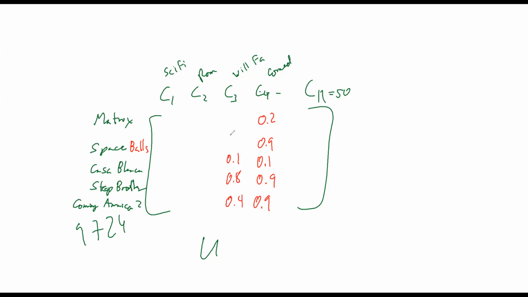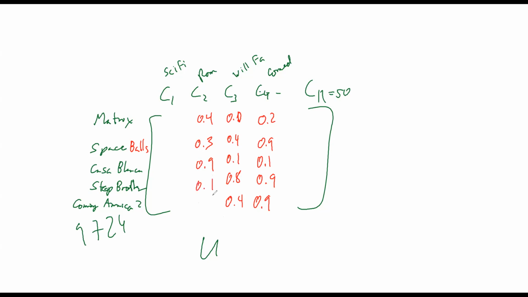Spaceballs, somewhat that kind of humor, 0.4. Matrix, no, and it could be a 0 too. Now, romance: Matrix has some romance, 0.4. Spaceballs is a romantic comedy. Casablanca, definitely romance. Step Brothers, was that a romantic comedy? Probably not.